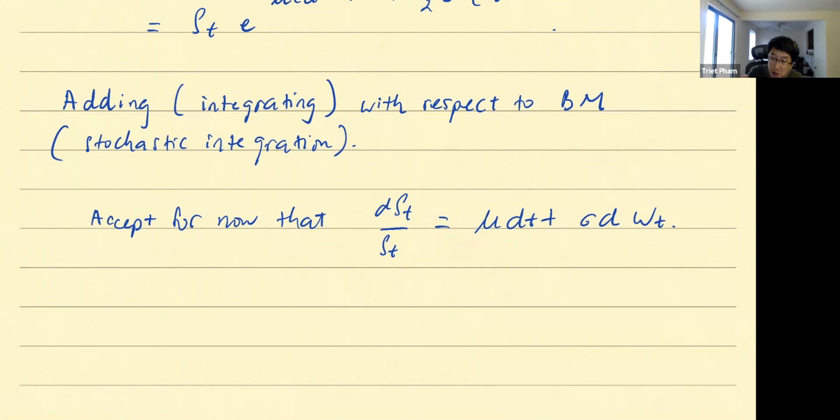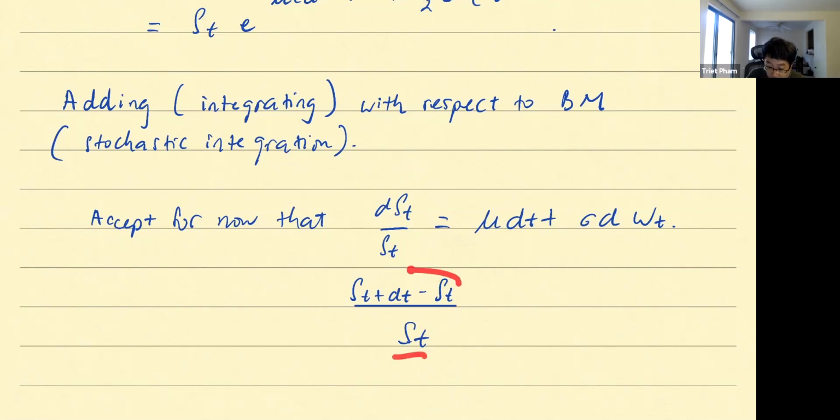Anyway, if you ignore that, then what I'm discussing here is quite routine. Again, what am I claiming? I'm claiming that the percentage return, why is this the percentage return to begin with? Because remember, this can be viewed as S_{t+dt} minus S_t over S_t. That's a change in the stock price in the split second divided by the original stock price.